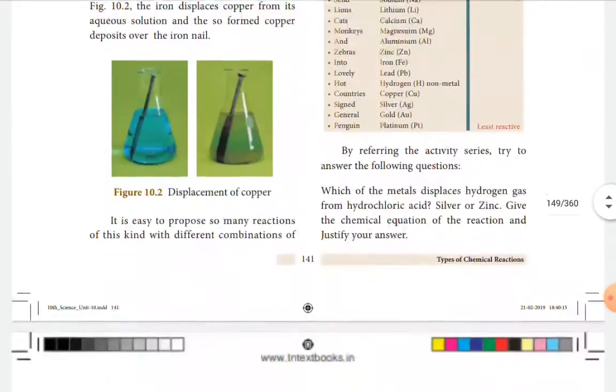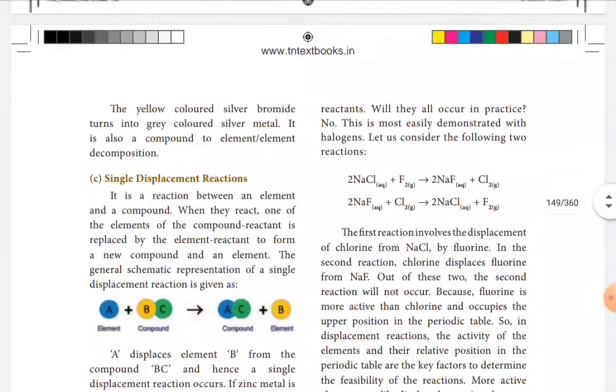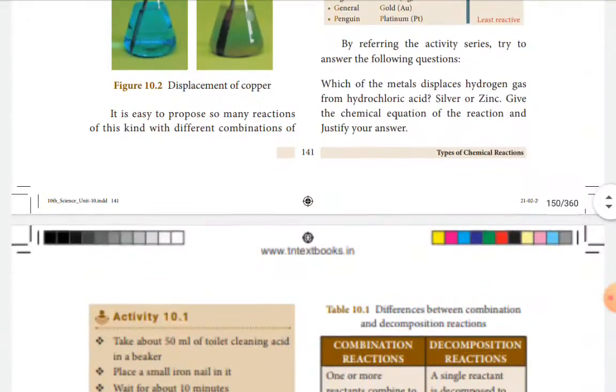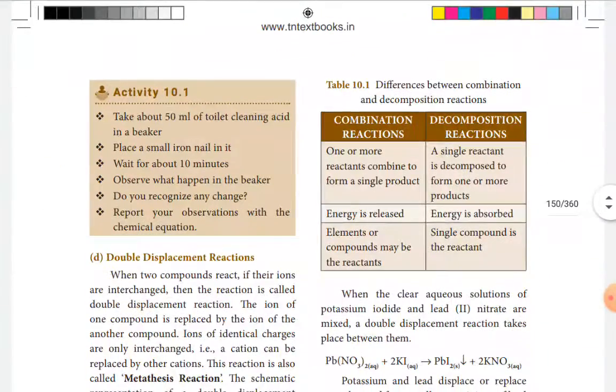Next, you have learned about the differences between combination reaction and decomposition reaction. Then the double displacement reaction: when two compounds react, the ions are rearranged, interchanging themselves to give a new product.